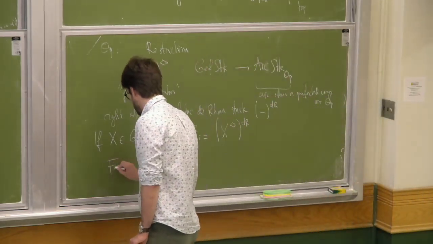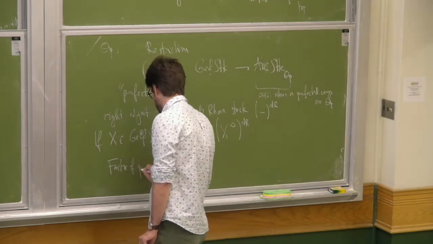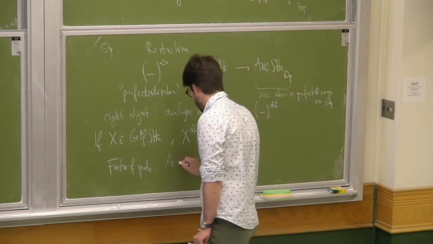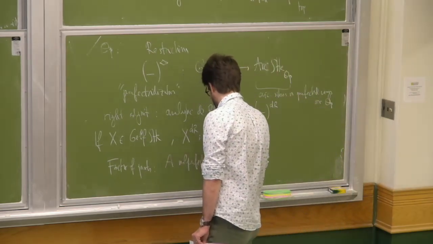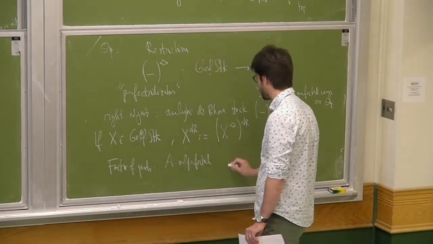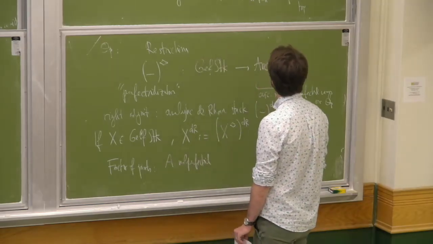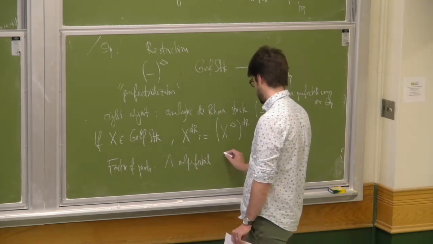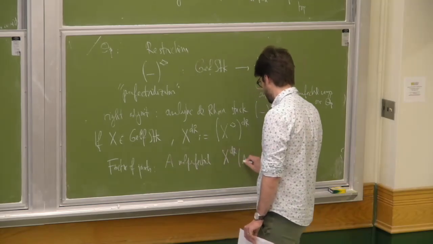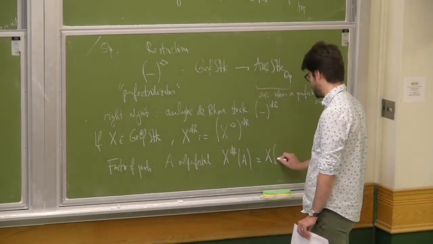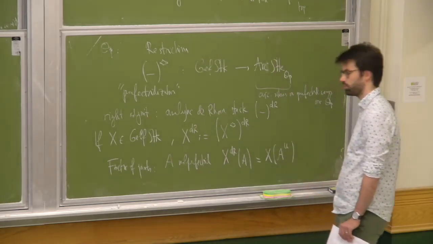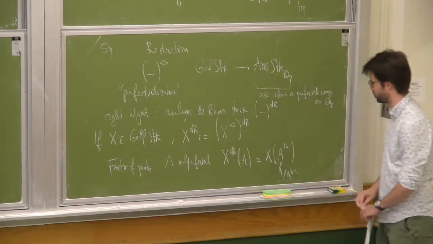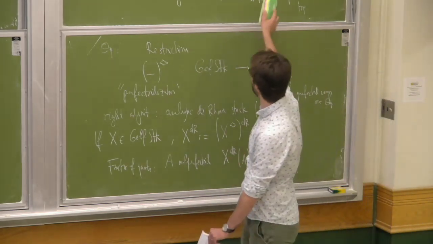In terms of functor of points, I don't have a description on arbitrary Gelfand rings, but if A is nil perfectoid, then X de Rham evaluated on A is the same as X evaluated on the perfectoidization of A. So it's a bit analogous to what we had before.